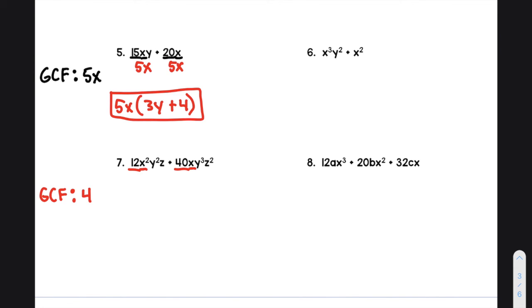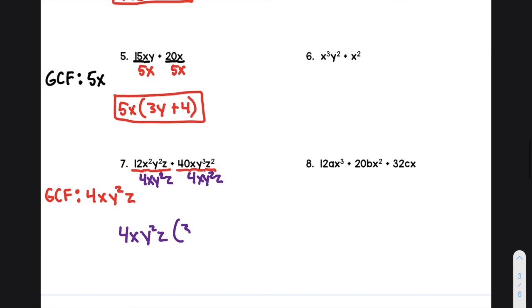Both of the terms have 1x, 2 y's, and 1 z. So what we're dividing both terms by is 4xy squared z, in which our answer will be the GCF, 4xy squared z, times whatever you get after you divide.